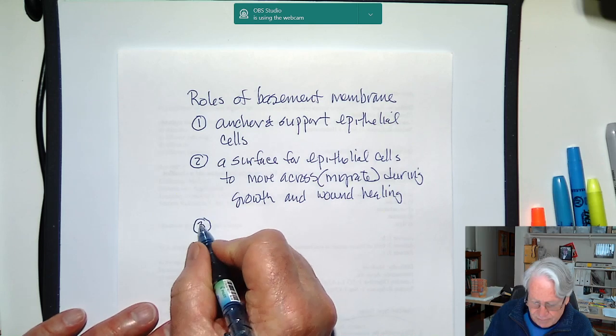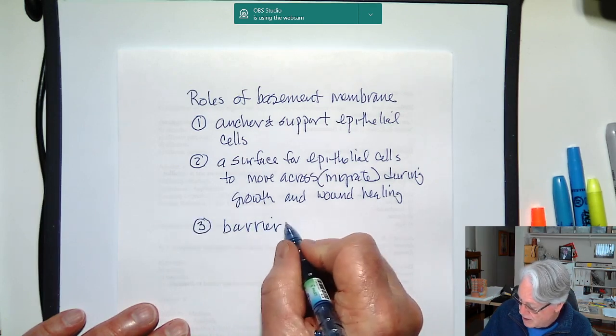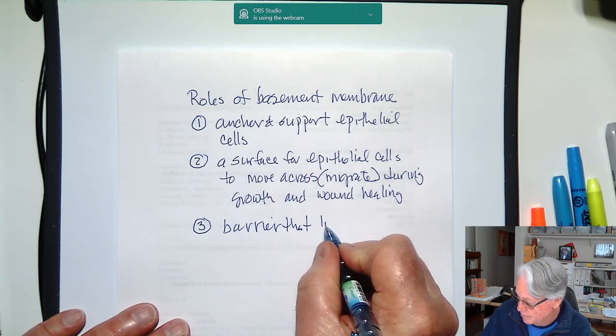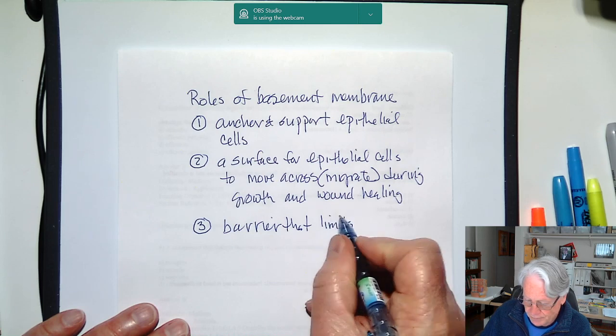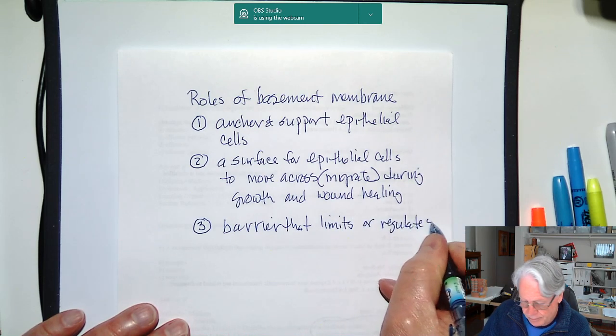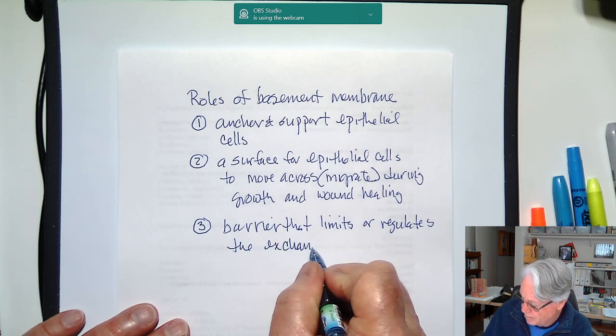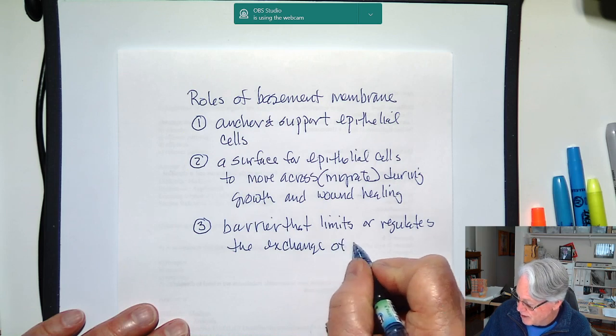Number three, it provides a barrier that limits or regulates the exchange of macromolecules.